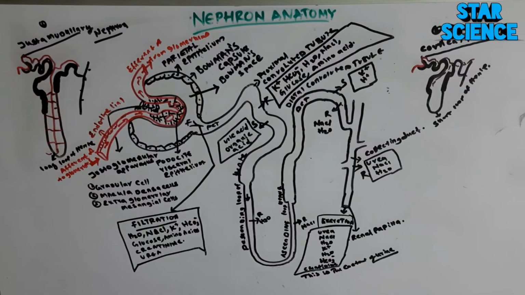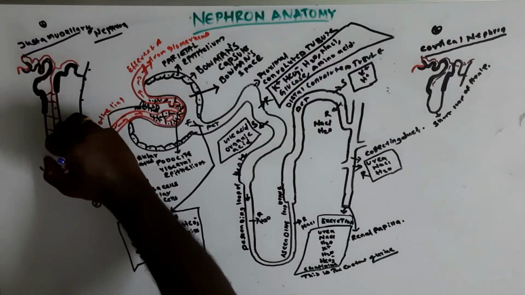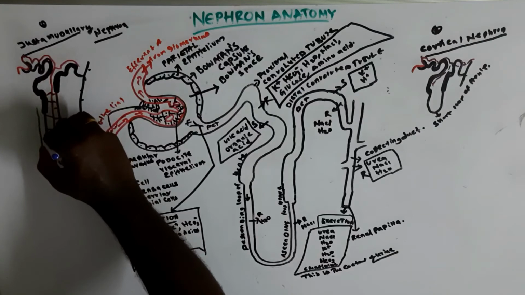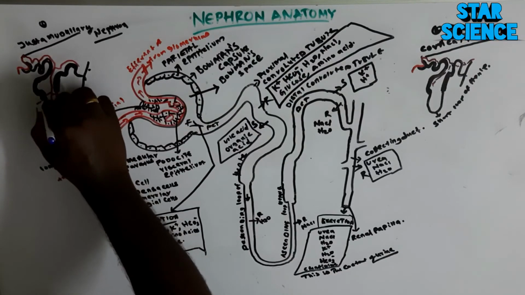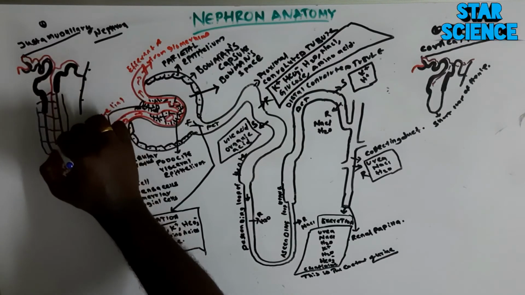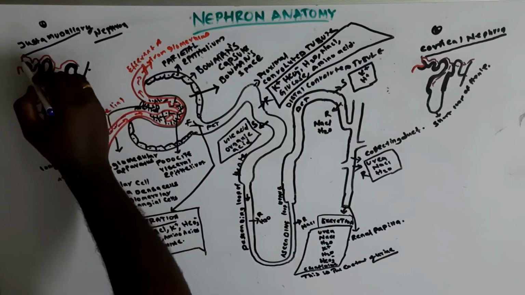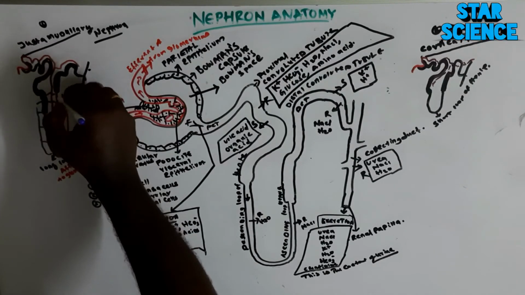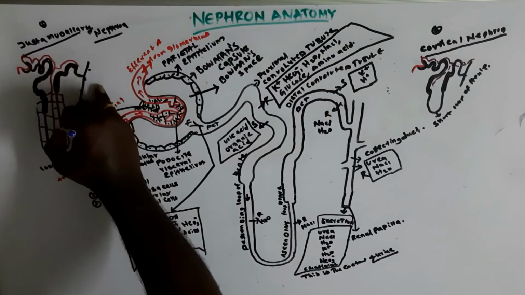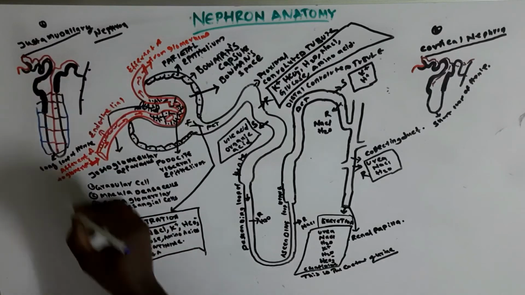In the juxtamedullary nephron, the blood supply after the efferent arteriole just goes to the nearby PCT and in between the loop of Henle, and it gives the blood supply to the loop of Henle, and from there it divides a branch.